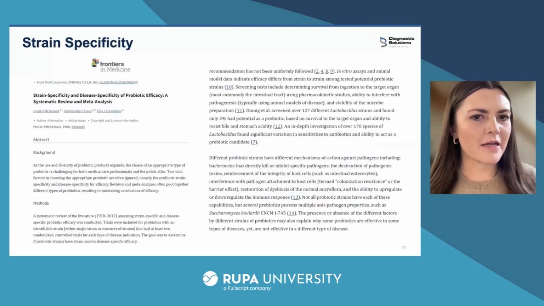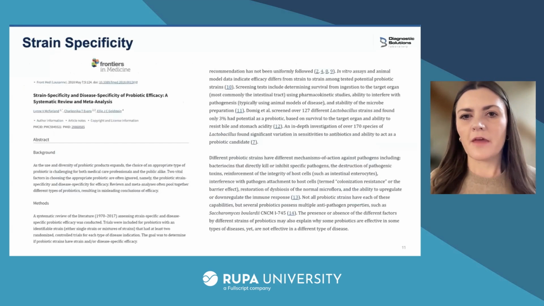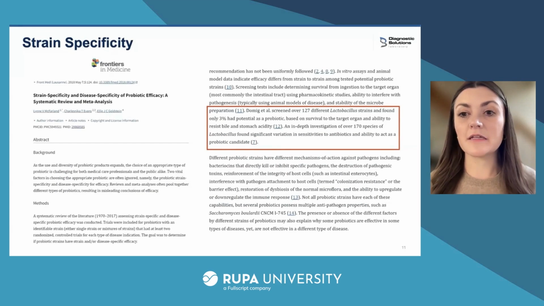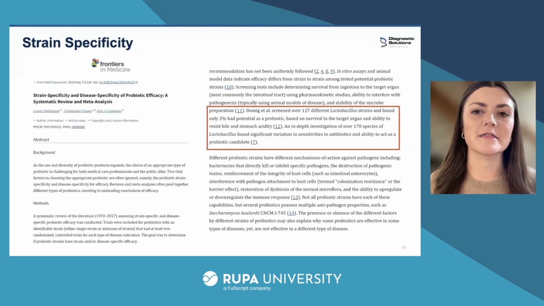Looking at this systematic review and meta analysis exploring the efficacy of strain specificity, they reference a study in which 127 different lactobacillus strains were screened, and they found that only 3% met the criteria to be considered a probiotic. They based this on survival to the target organ and the ability to resist bile and stomach acid.